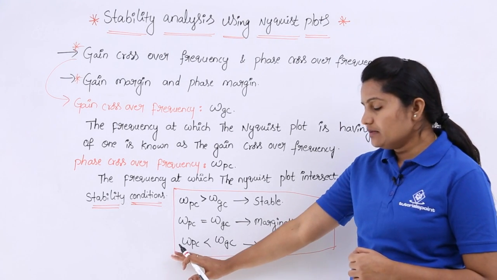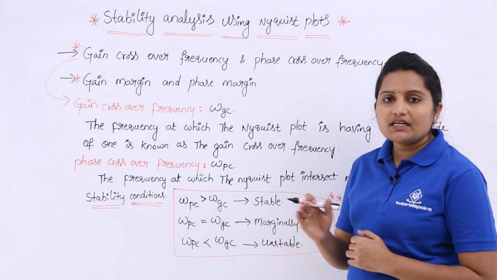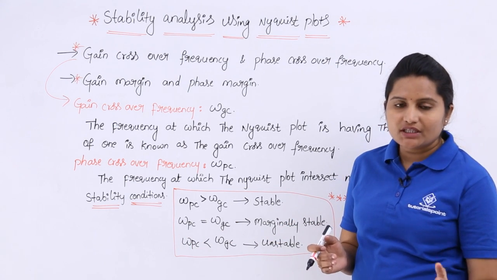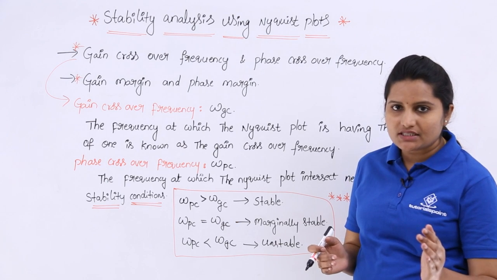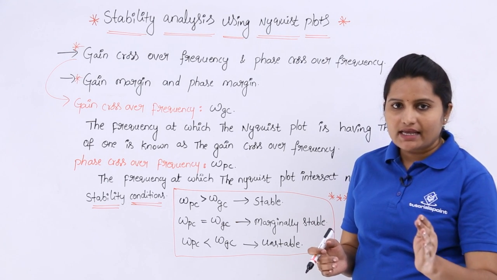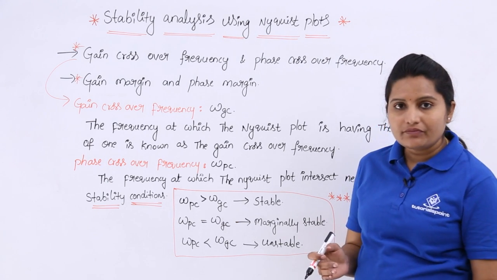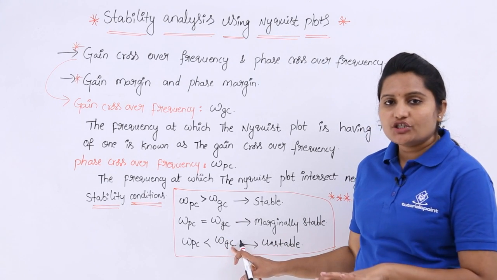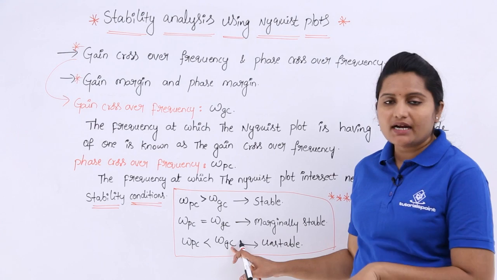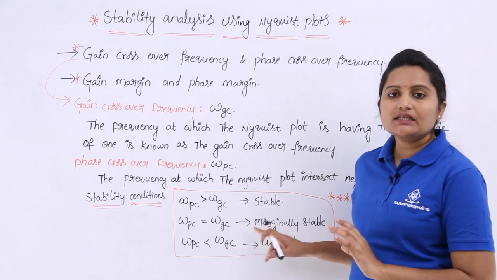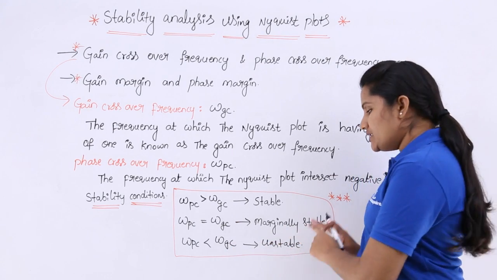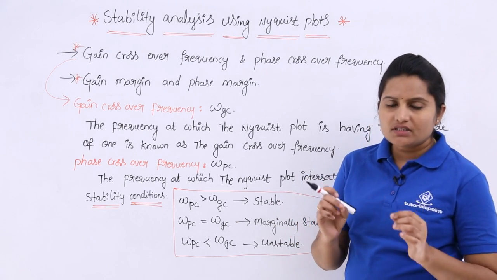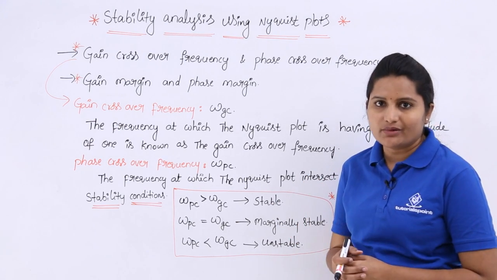That means the frequency at which the Nyquist plot touches the negative real axis is less than the frequency at which the magnitude of the Nyquist plot is equal to 1. In this case, we can say that the particular plot related to the system is unstable.